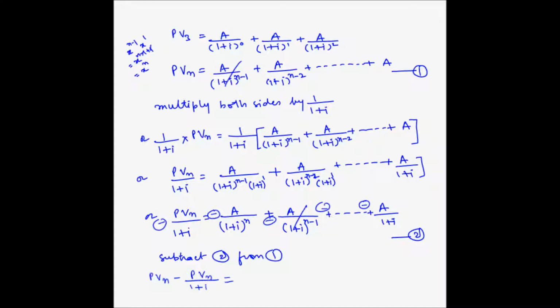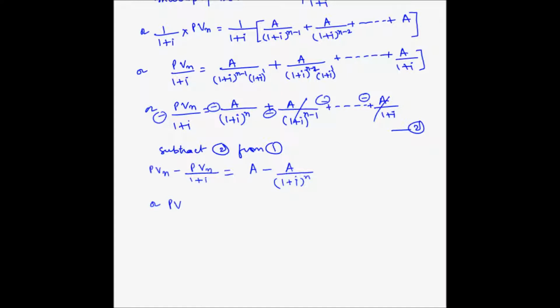Similarly, the remaining terms in equation number 2 will get cancelled with the terms in equation number 1, and we'll be left with this A in equation number 1. So we have A minus A divided by 1 plus I to the power n.